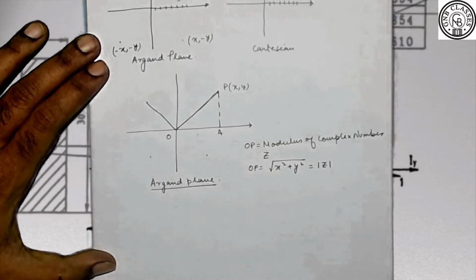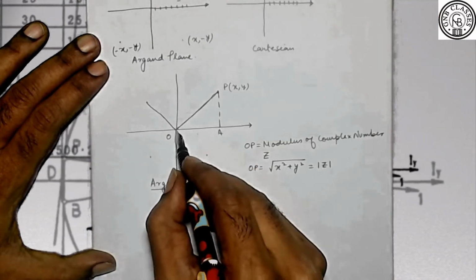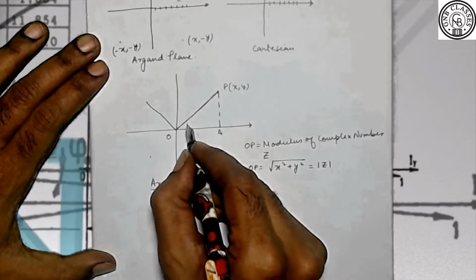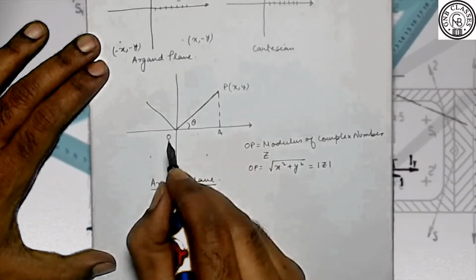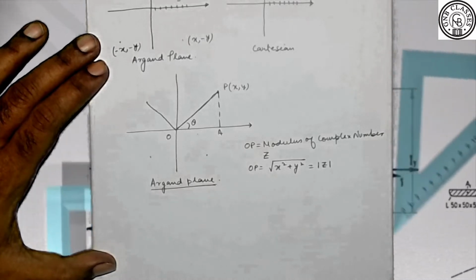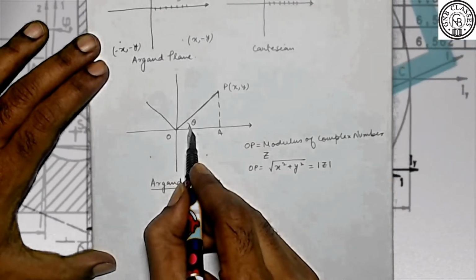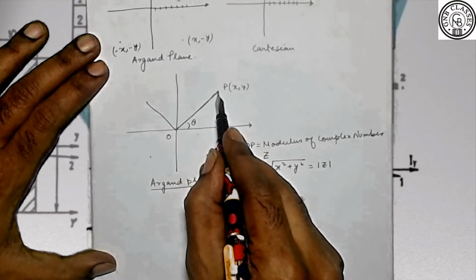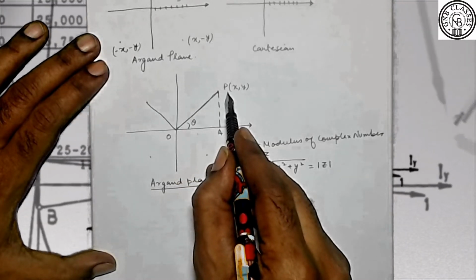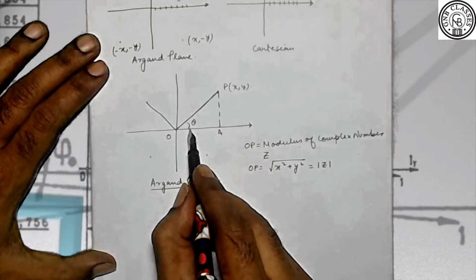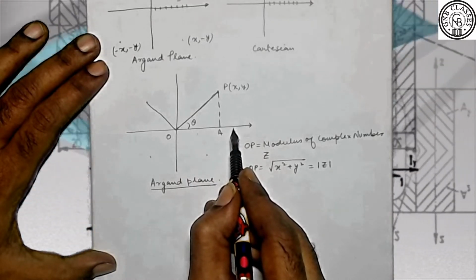Is it clear? Now let us say this modulus OP is making an angle theta with the positive direction of the x-axis. What is theta? Theta is the angle made by the modulus of the complex number associated with the point P with the positive direction of the x-axis.